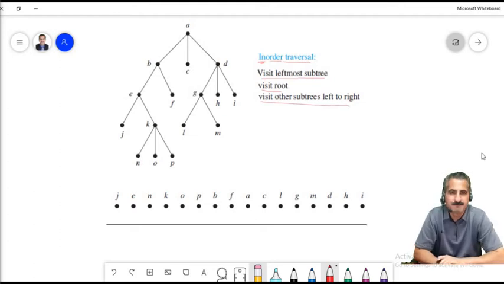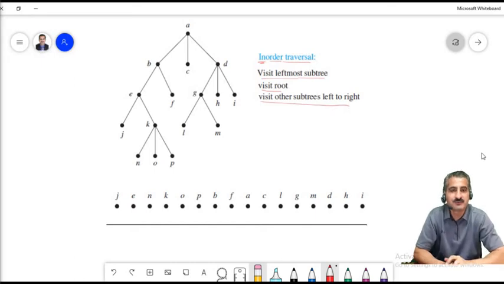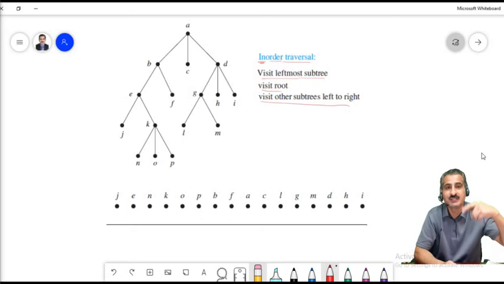Okay? So we will not be taking the root at the beginning here. The pre-order requires you to take the root and then move through subtrees from left to right. The post-order requires you to move through subtrees from left to right and then after that take the root.